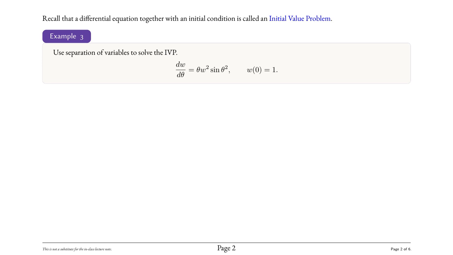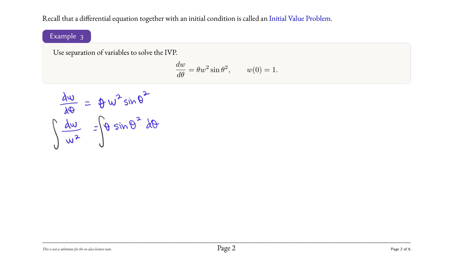We move all the expressions with w in it to the left hand side, and all of the expressions that had theta on the right hand side. And then we integrate both sides of the equation with respect to the corresponding variable.